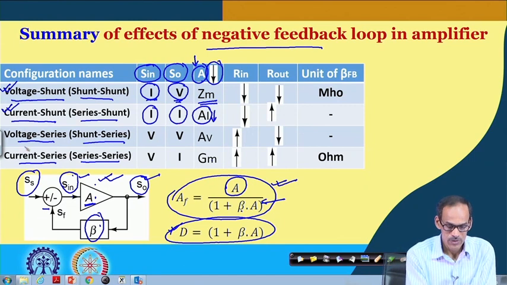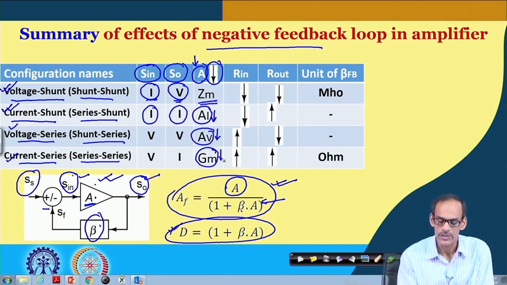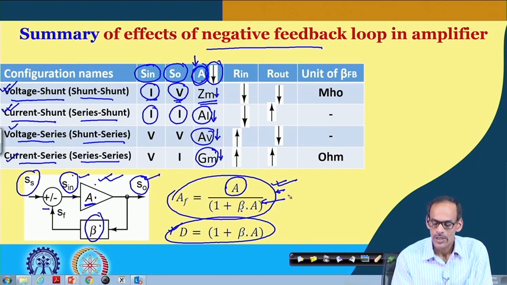Likewise, in the third configuration the voltage gain gets reduced, and in the fourth one the transconductance gets reduced. Whatever the configuration, once we know what A is, we can say that A gets reduced by this factor. And what is the basic purpose of reducing this A?